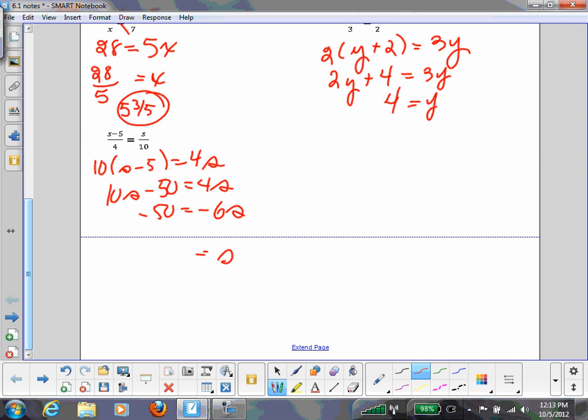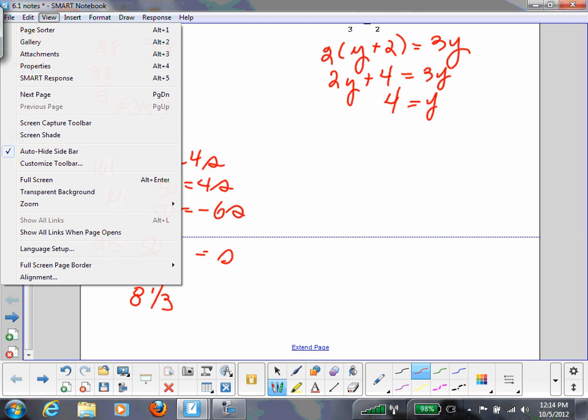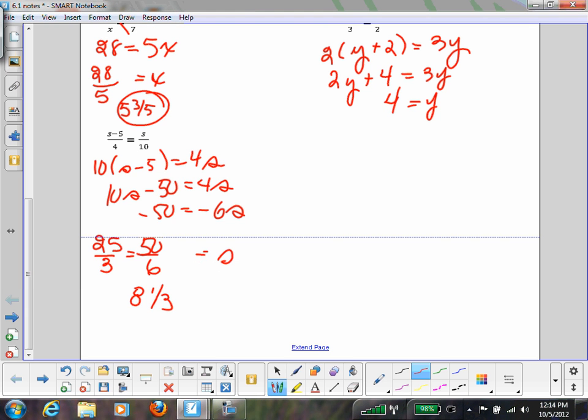S is equal to 56, which is 25 thirds, which is 8 and 1/3. Okay? All right, next page.